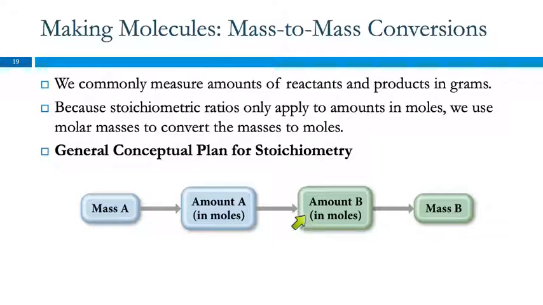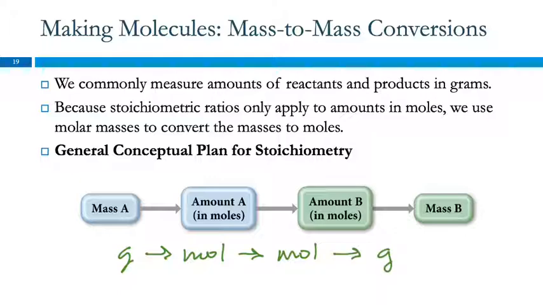Then we can use the balanced chemical equation to convert to moles of the thing we're interested in. And then we use molar mass to convert back to grams. So this is the general plan for stoichiometry. And I tend to think of it as grams to moles to moles to grams.